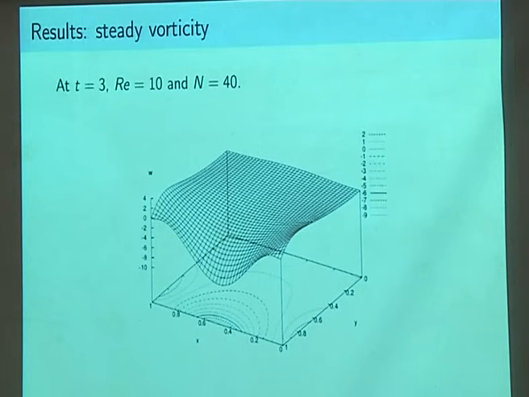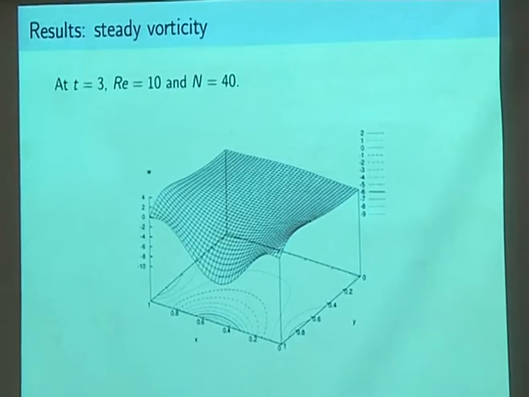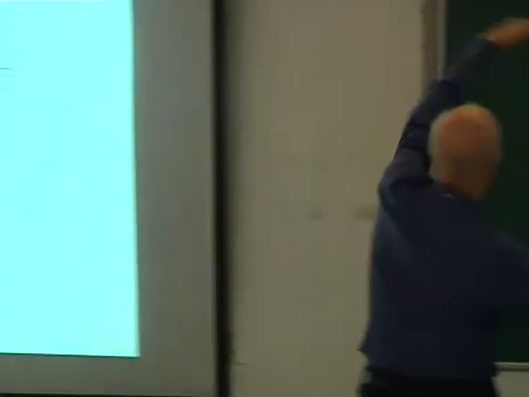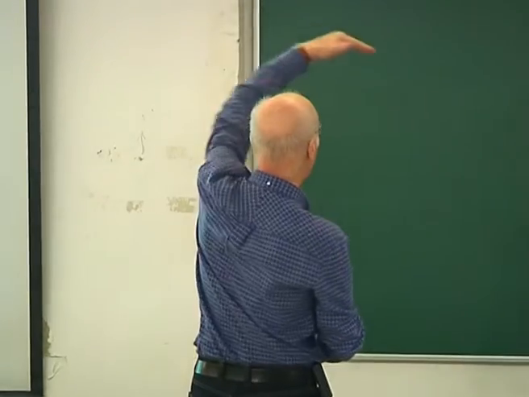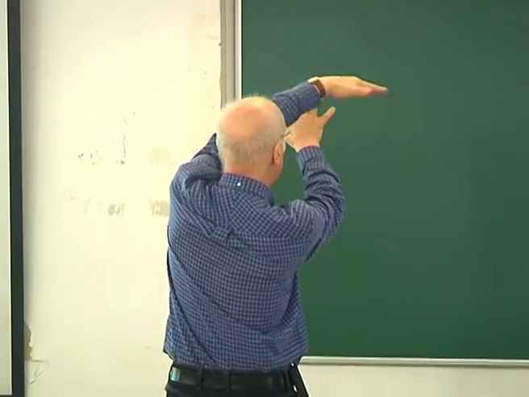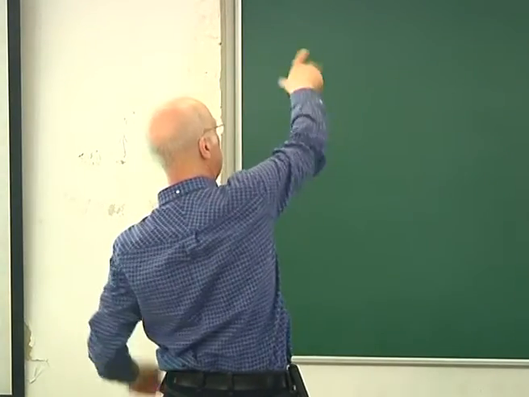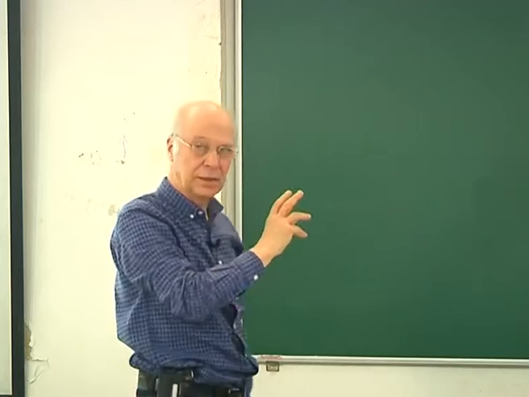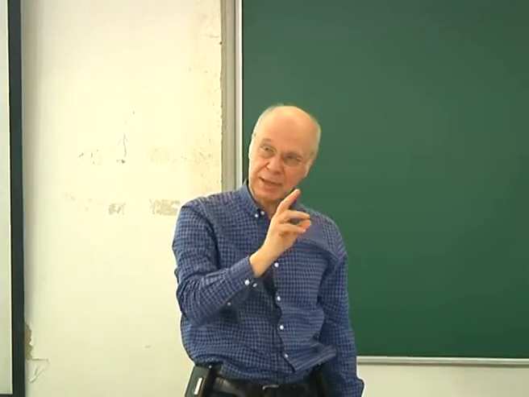So deep in, surrounded by the three boundaries, there's not much happening. Most of the vorticity is on the top, and on the top it's negative. So draw it your way, you've got a top going this way, x positive, and inside the flow is slower, so you've got vorticity like that, which is clockwise, and that's mathematically negative.